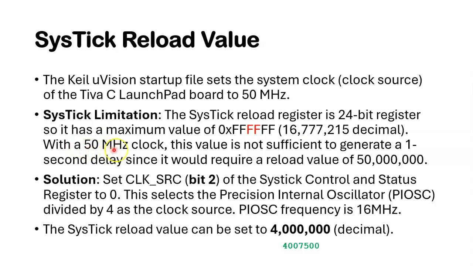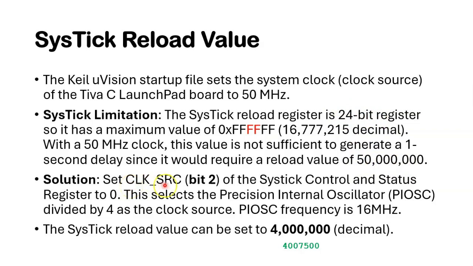Right. So with the 50 megahertz clock, this value is not sufficient to generate a 1 second delay, since it would require a reload value of 50 million. All right, because of the limitation of the 24-bit, we can't have this value.